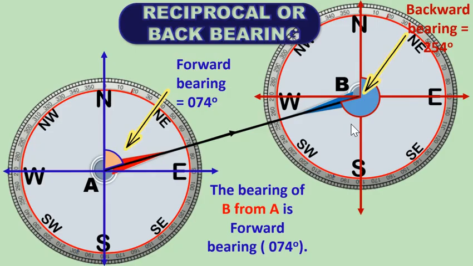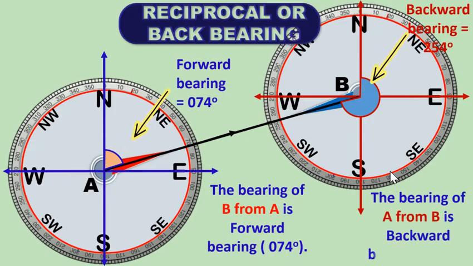You can also call it reciprocal bearing. And it is 254 degrees. Then, how do we find the back bearing if the forward bearing is known? And in the reverse case, how do we get the forward bearing if the back bearing is given? So the bearing from A to B is the backward bearing, and that's 254 degrees.